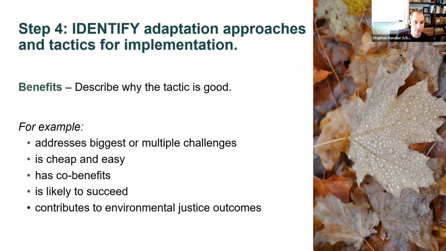So for example, if something is cheap and easy, or if doing this adaptation tactic has benefits outside of climate adaptation. For example, here, if it's also contributing to environmental justice outcomes, that's something noteworthy to mention when you're weighing whether or not this is an action worth taking.